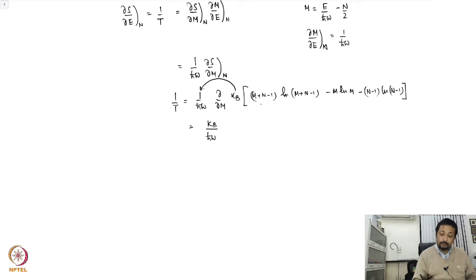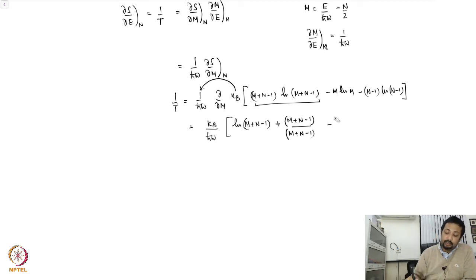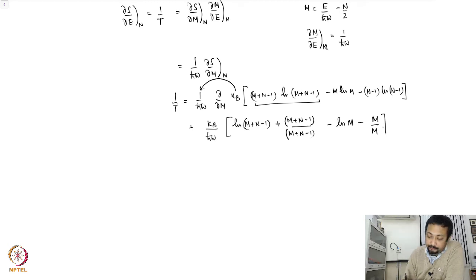Kb divided by h bar omega, and if you take the derivative of the first term, you are going to get ln (m plus n minus 1) plus (m plus n minus 1) times the derivative of the log, which gives 1 by (m plus n minus 1). Similarly, you are going to get ln of m minus m divided by m.